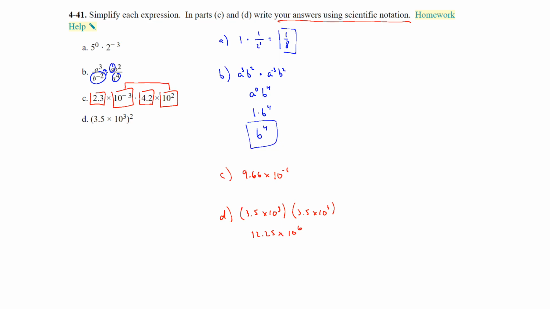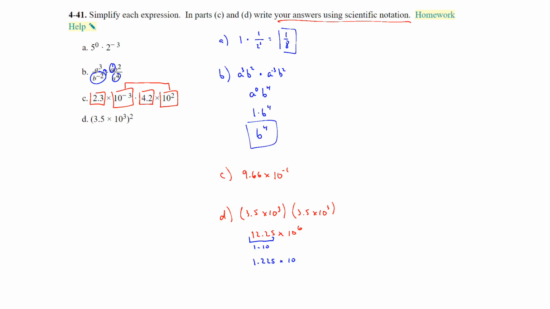Now this one looks like it's in scientific notation also, but remember, in scientific notation, this number needs to be between 1 and 10. So that means we need to move the decimal point over to 1.225.